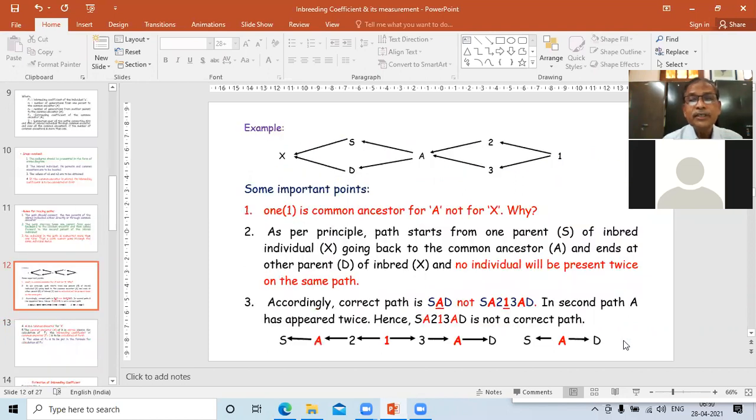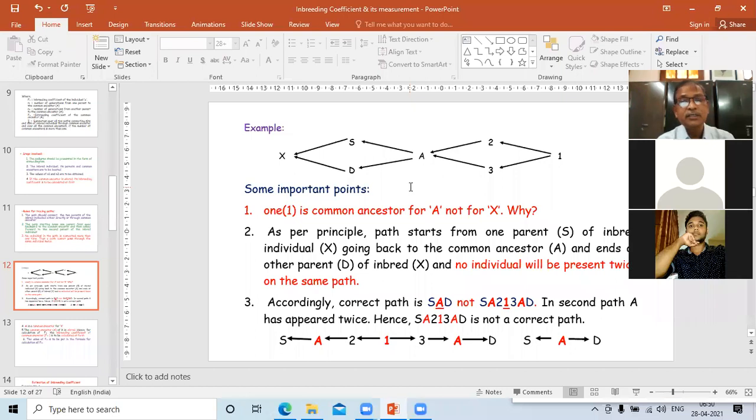Yes, here you see. So this is the diagram. We have to estimate the inbreeding coefficient of the individual X. Who are the parents? S and D are the parents of X. So who is the common ancestor for the inbred individual X? So A is the common ancestor. Sometimes you may be confused whether A is the common ancestor or 1 is the common ancestor.